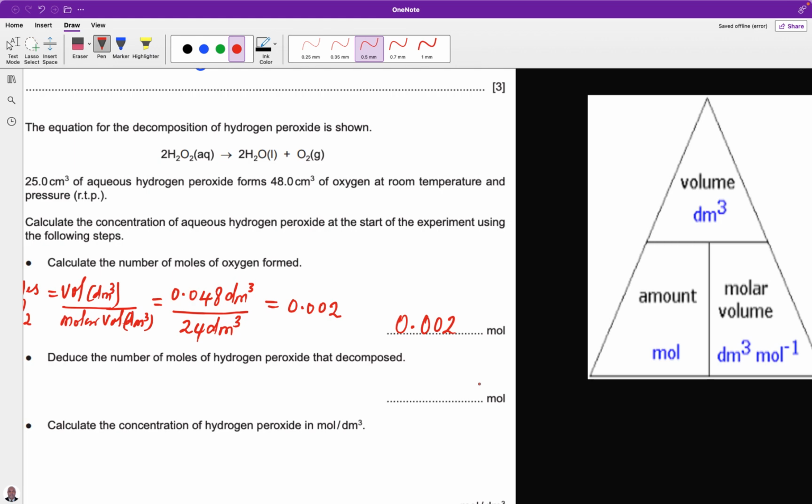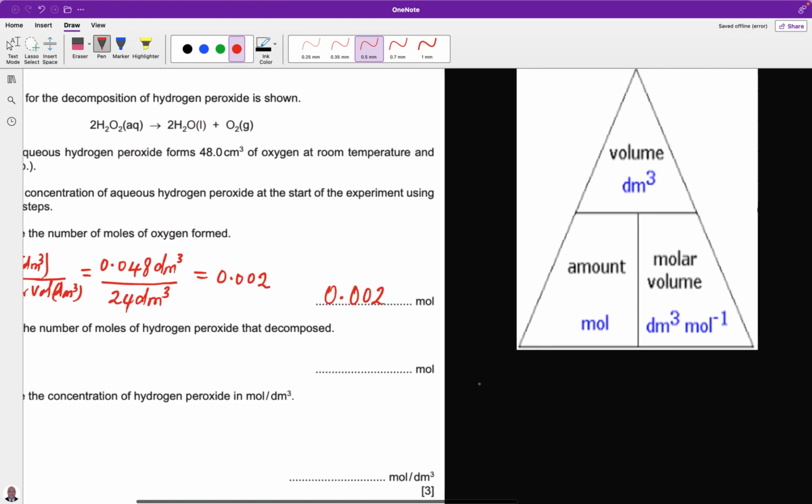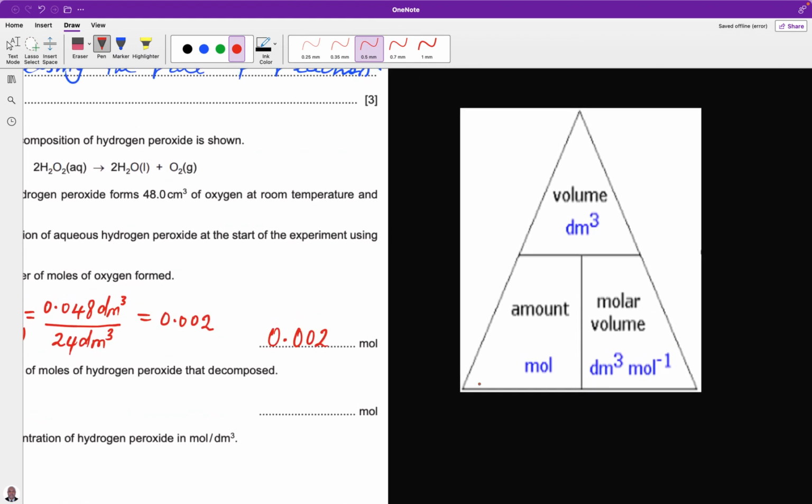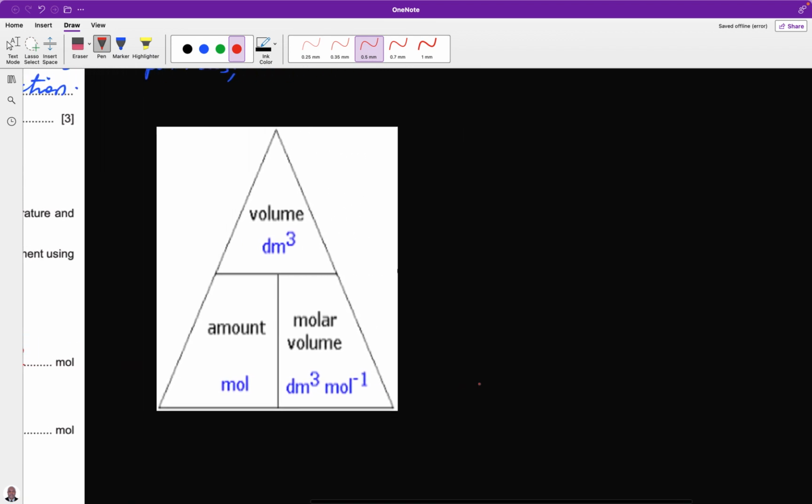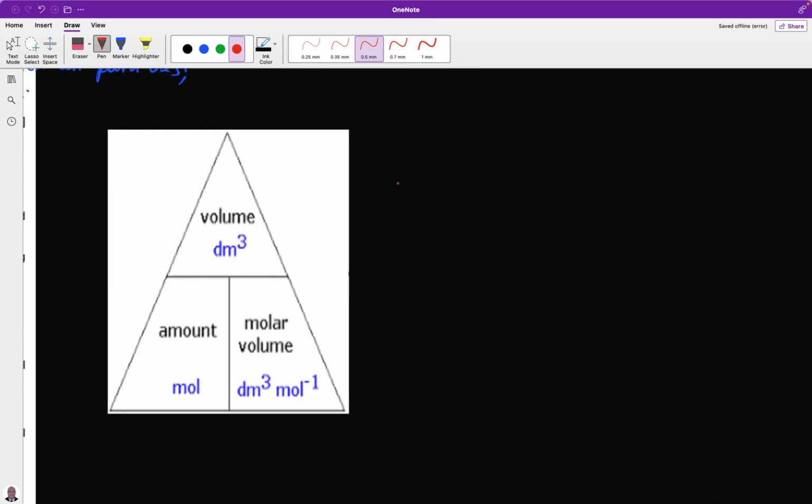From our equation, this is our equation up here, 2 hydrogen peroxide, which is aqueous, decomposes to give 2 water plus oxygen.